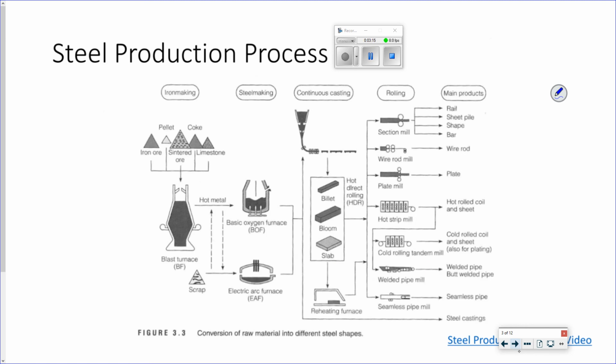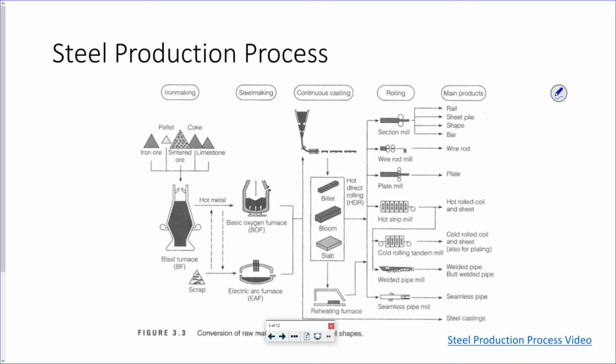So if you want to understand the process a little bit more, there's a video that I have linked here. Might be good to watch. You input your iron ore, some limestone, other stuff, blast furnace, get out all those impurities.